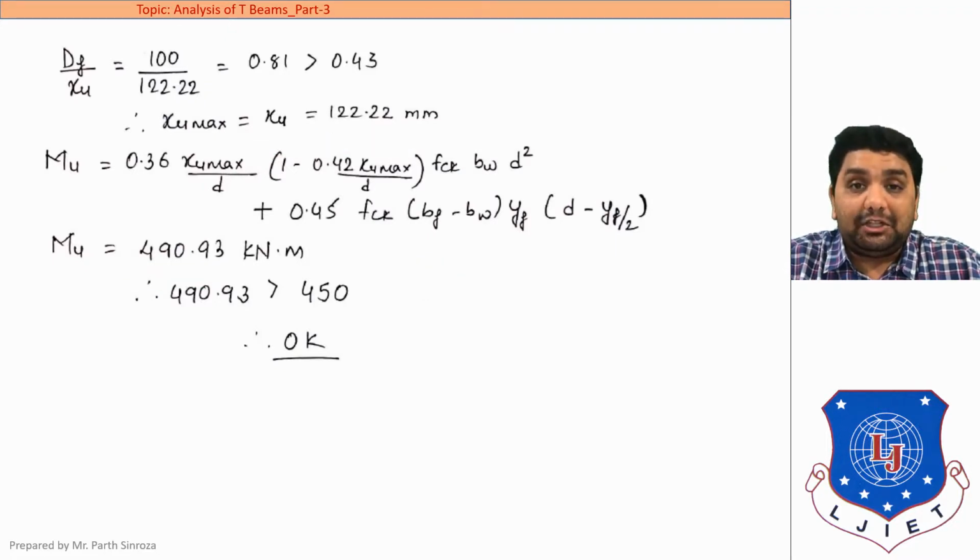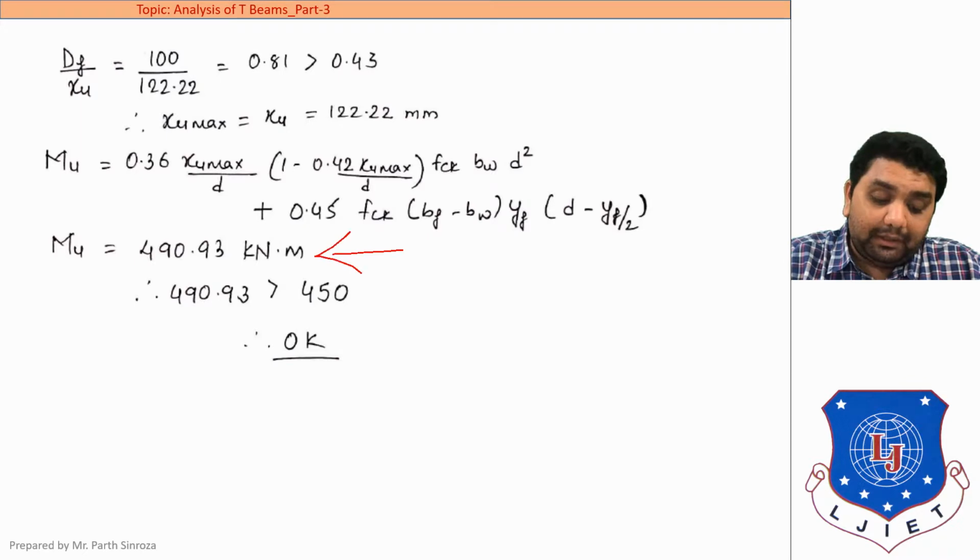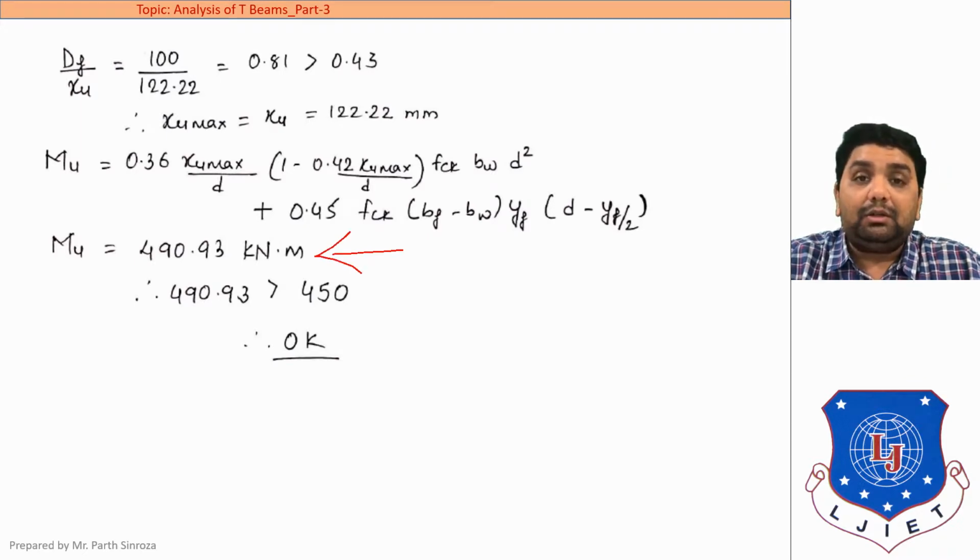Now, regarding your G2 examination, keep in mind the question here is to find the area of steel. The question is not to find the moment of resistance. So our sum should not complete here. We have not been asked to find the moment of resistance. We are to find the area of steel, and area of steel has already been obtained in our first check. So here we are just checking whether we have provided the correct amount of steel or not.